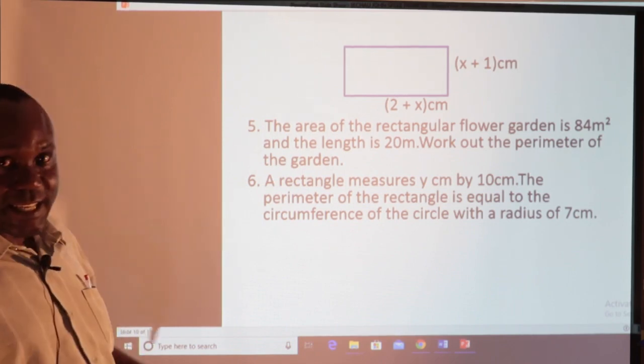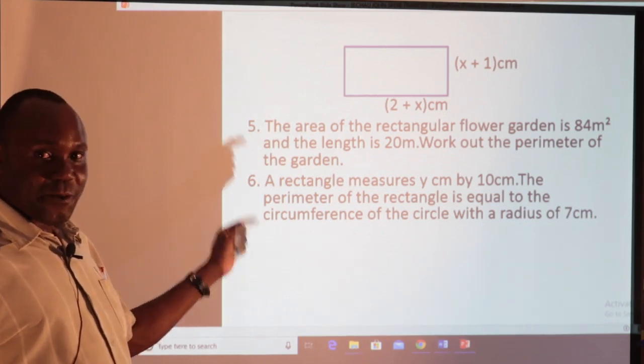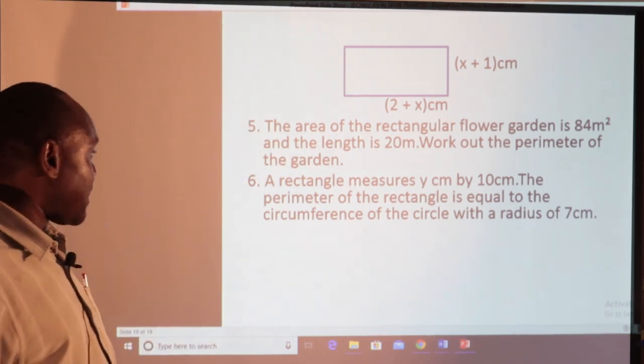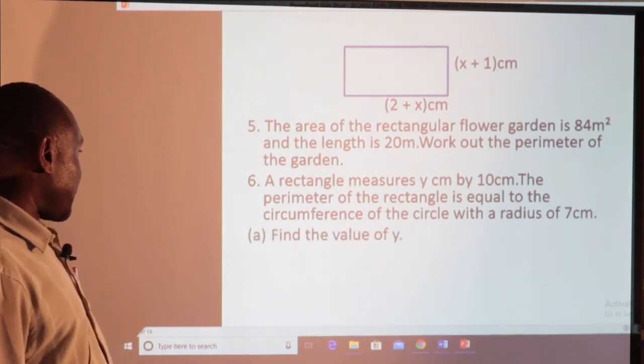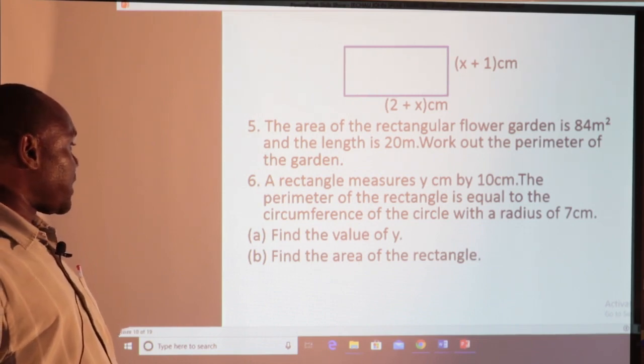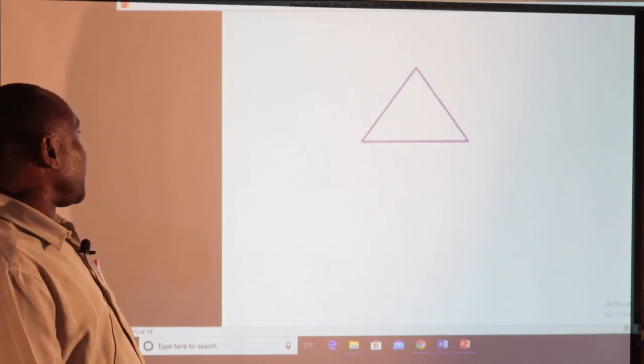Because circumference is the distance around a circular object, you must know the formula for finding the circumference. Then you get the circumference is the same as the perimeter of the rectangle. So find the value of y. Question B, find the area of the rectangle.